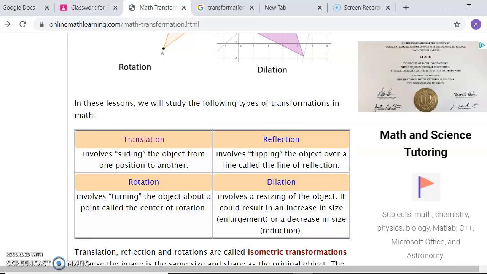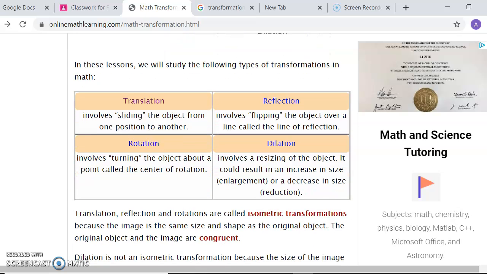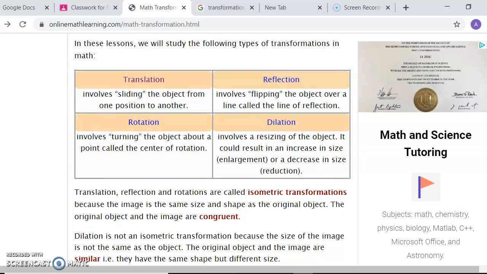So again, if you look at the definitions, we have this here. In this lesson, we will study the following types of transformation in math. One, translation, which involves the sliding of an object from one position to another.